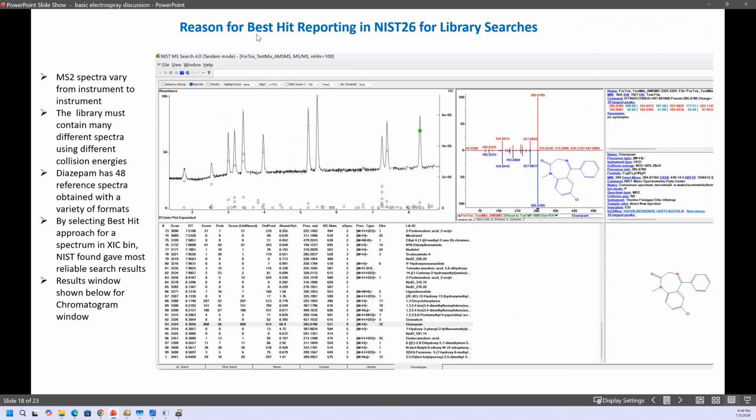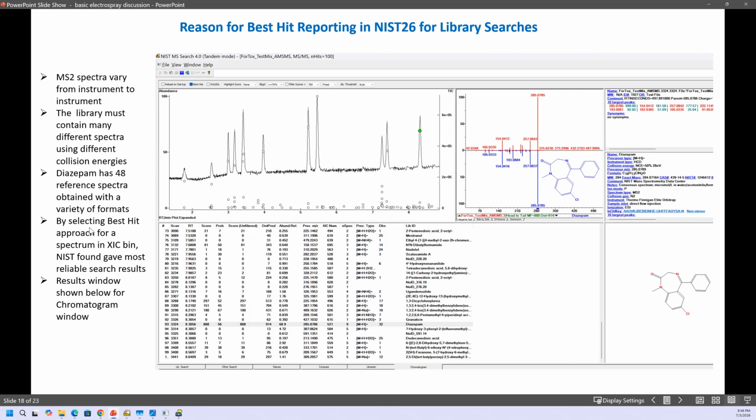So what are other reasons for the best hit reporting in NIST-26 for library searches? Well, MS2 spectra vary from instrument to instrument, and the library must contain many different spectra using different collision energies to reflect this. In the case of diazepam, there's 48 in the reference spectra library for it in a variety of collision energies.